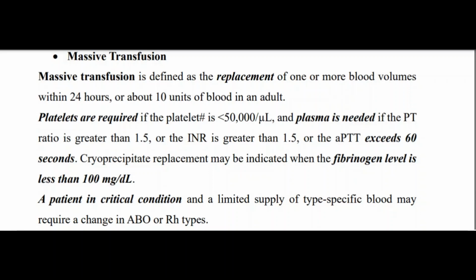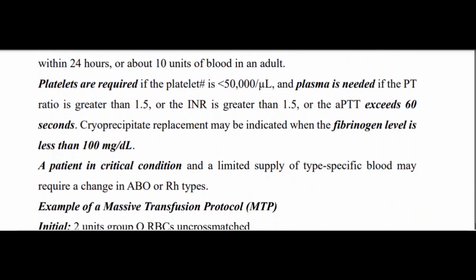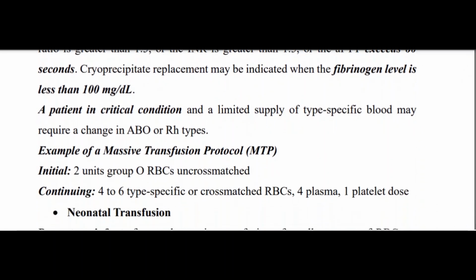So when you are transfusing in massive transfusion, we have to also add these units. Cryoprecipitate replacement may also be indicated when fibrinogen is less than 100 milligrams per deciliter in case of massive transfusion.